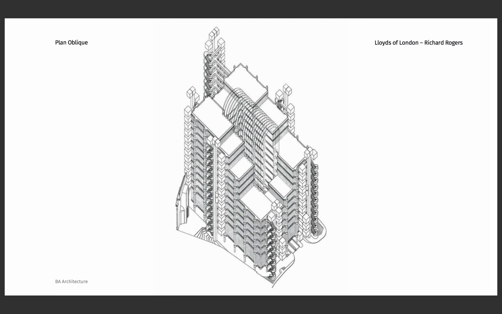Okay, and here are some examples. This is a very famous plan oblique drawing of the Lloyd's of London building, by Richard Rogers' practice. Highly complex building in external form, and here it is drawn in axonometric.